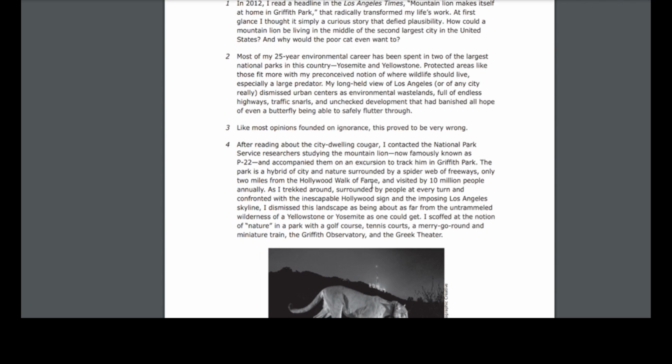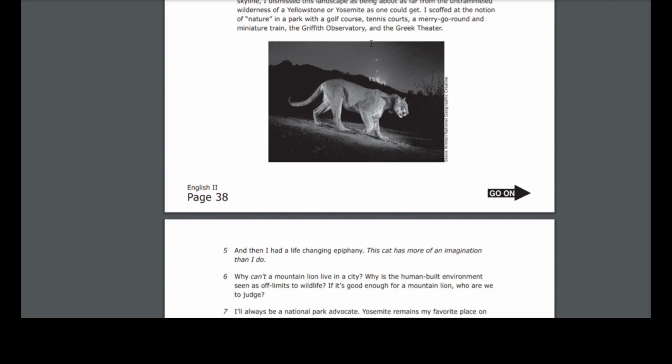And when we look down, we see that this is a journalistic picture of a mountain lion. So without reading anything, I can say, okay, well, this is about where wild animals exist and live in the United States, because you can also see back here the Hollywood sign. So I know this is where wild animals still live within large populations naturally.